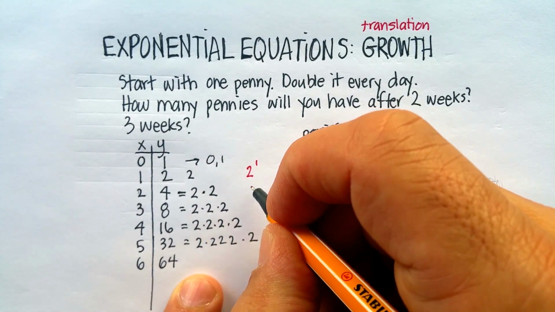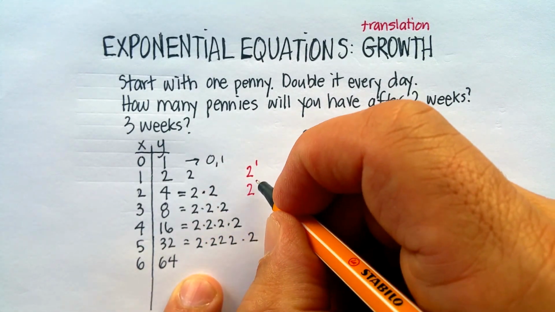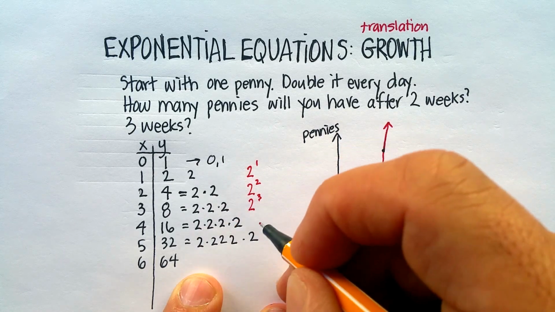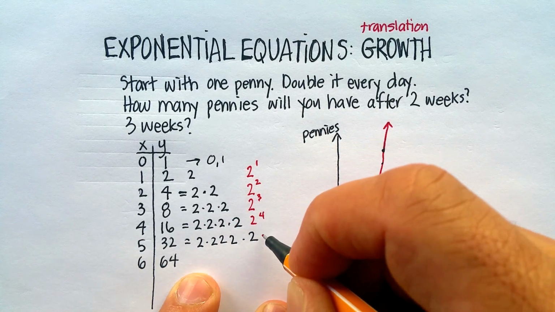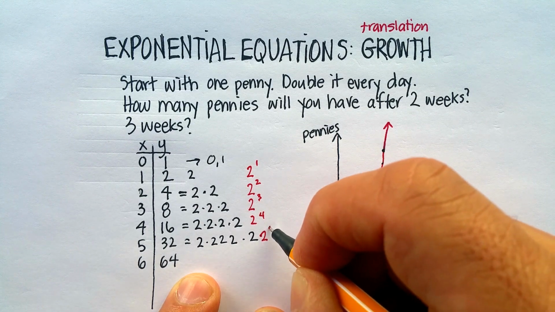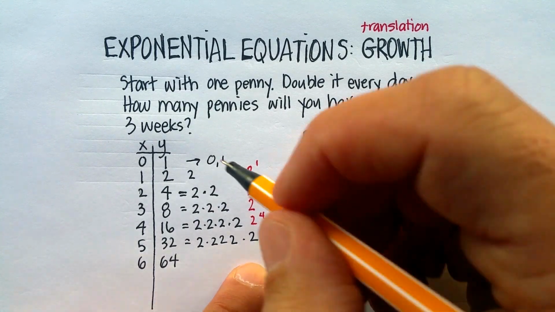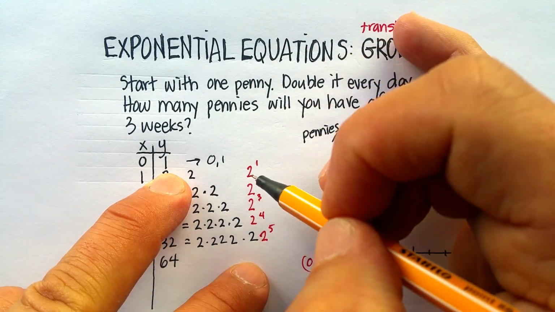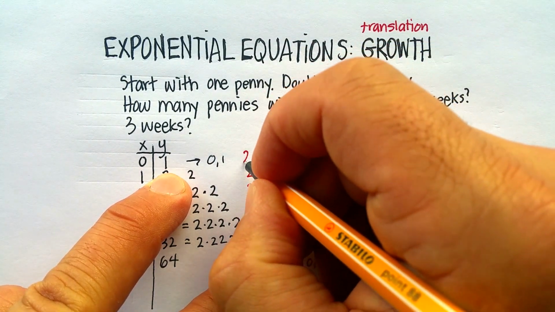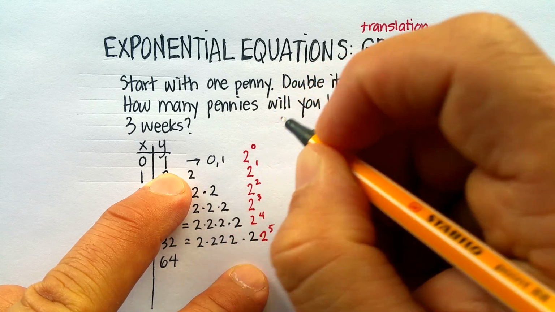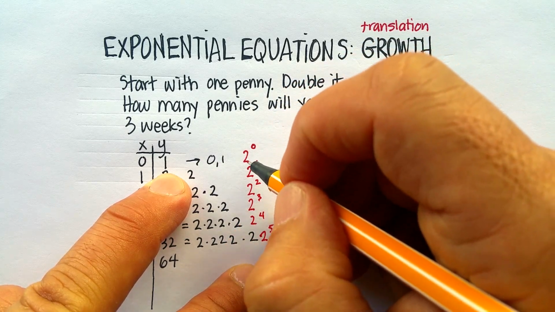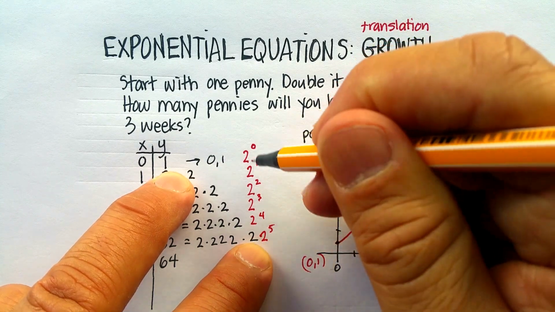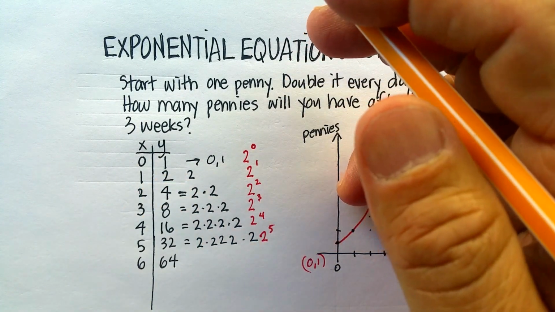This can be written as 2 to the second power, 2 to the third power, 2 to the fourth, 2 to the fifth. Now, the question, I guess, is how do you write 1 as an example of 2? Well, remember that any positive number raised to the 0 power is equal to 1. So actually, it does kind of fit our pattern, doesn't it?